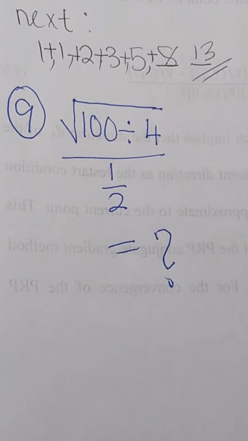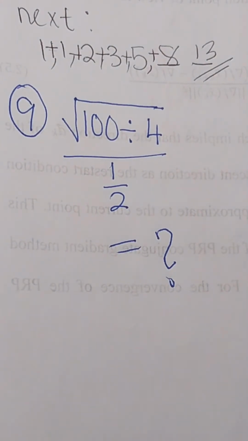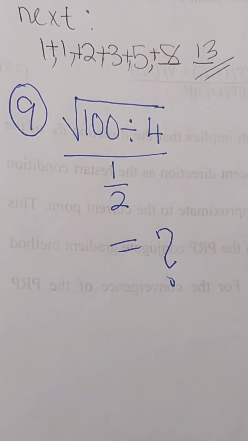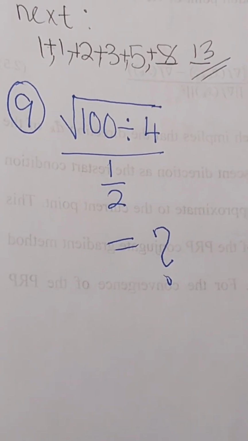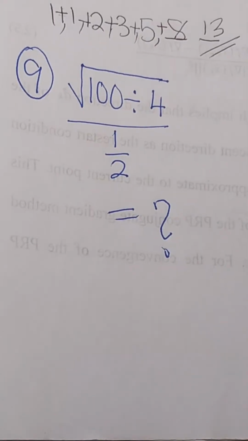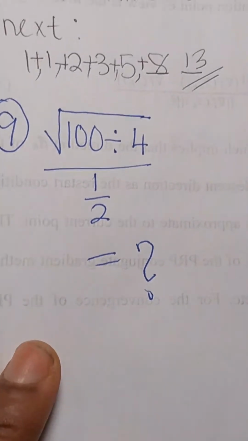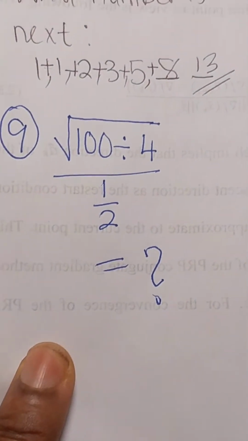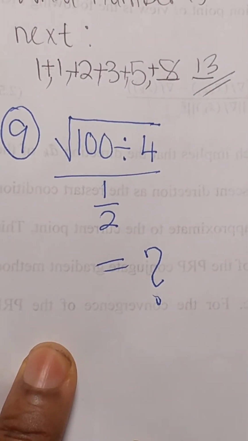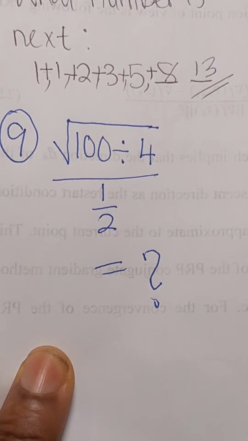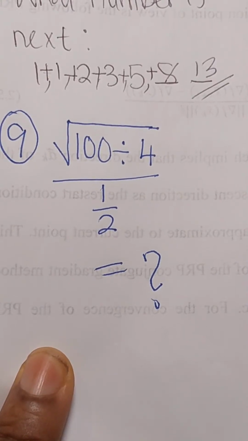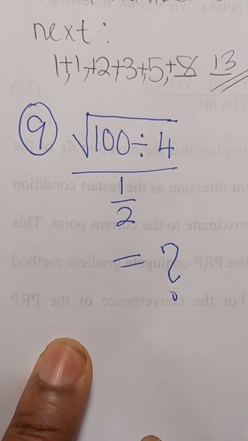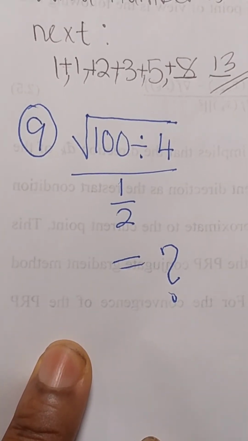Can you tell me the bracket of a plus b raised to power 4? To do the expansion will be very long, but let me see. This should be an algebraic identity. So please solve this question number 9 and drop your answer. Let me find the solution to your problem.